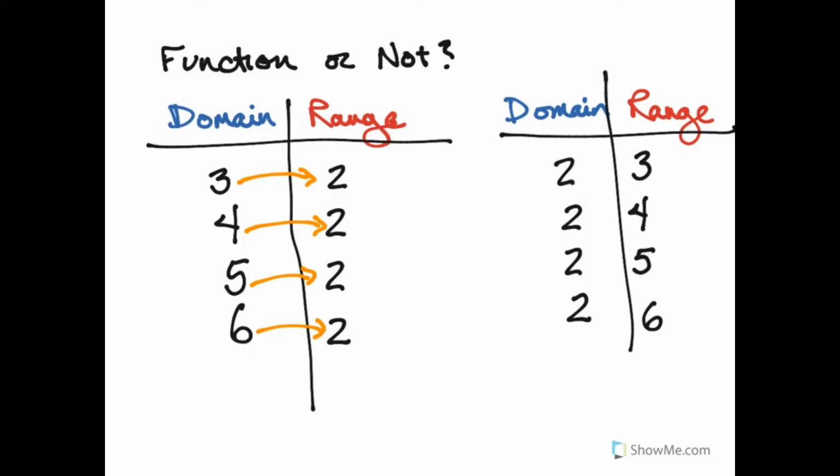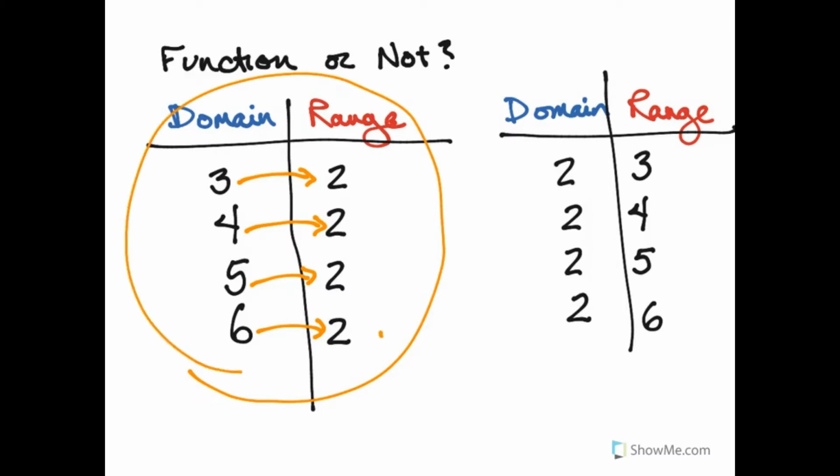An input 3 doesn't correspond to another number as well as 2. So this is a function, yes. But in this one, where 2 corresponds to 3 and 2 corresponds to 4 and 2 corresponds to 5, 2 in the domain has different answers in the range. That makes it not a function, no.